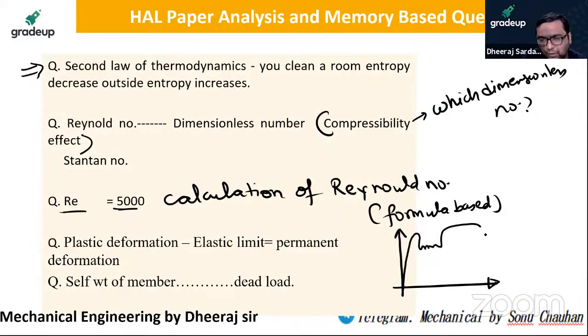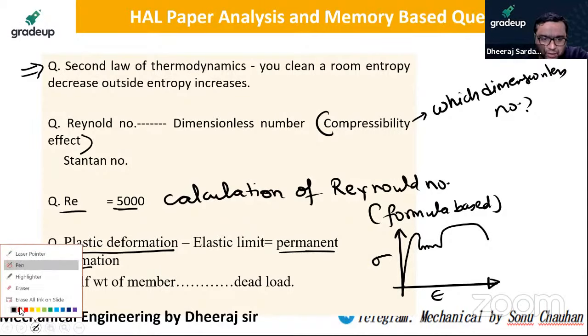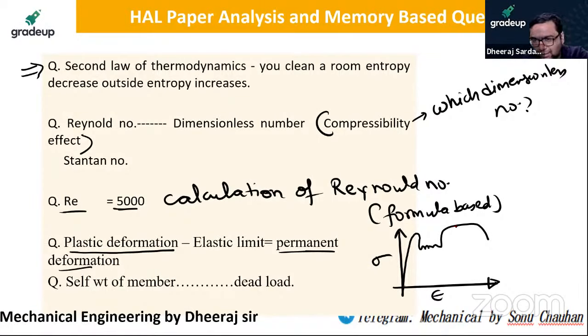Actually, when we look at the stress-strain diagram, they were asking about the plastic deformation, and when they were asking about the permanent, they were asking about the permanent deformation. When you make a curve, let us say you are loading up to this point. Up to this it is going to be elastic, after this it is going to be plastic.